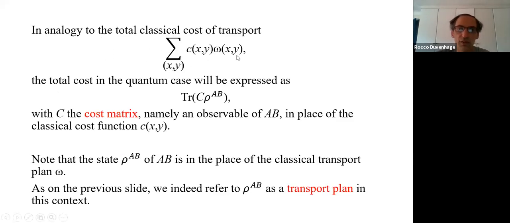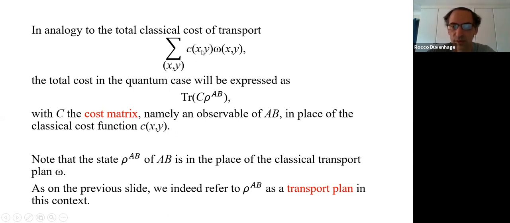Now, the classical cost was expressed like this. An exact analogy to this, in the quantum case, we'll express the cost in this way. We'll have some cost matrix, an observable of the compound system or the composite system, exactly like we had the classical cost. It's a function of pure states in a composite system, xy.